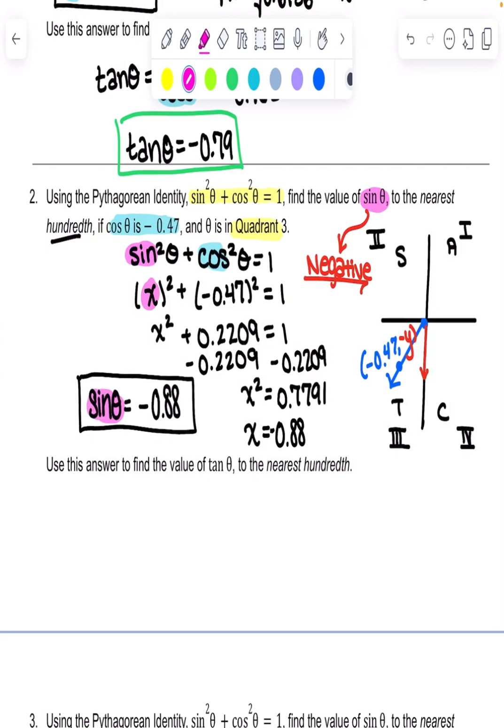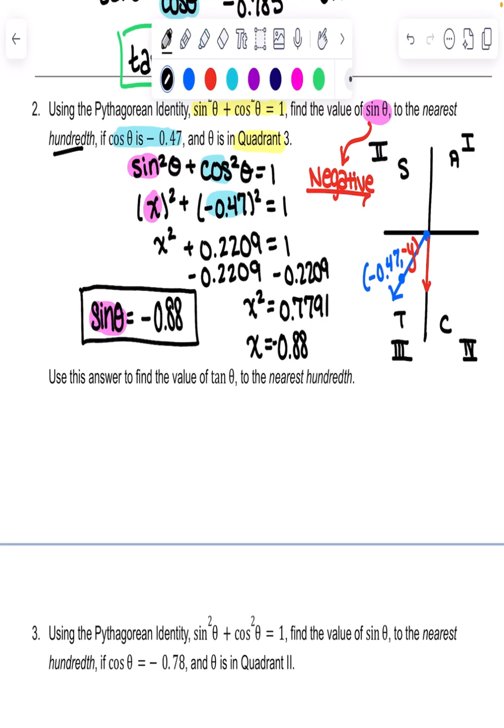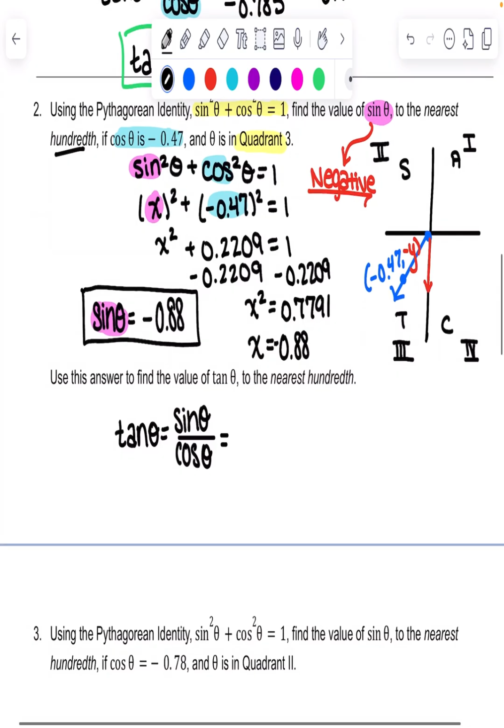Right. Now, we're going to do the tangent of theta. You get tan in South Carolina, sine over cosine. And now we just plug in. So cosine, they give us in the problem, negative 0.47.